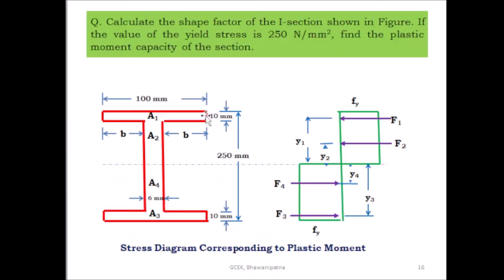So here you take this is the flange area A1, this area is A2, this area A3, and this area A4. So here you take the moment of inertia of this portion first about the elastic neutral axis. In the case of yield moment, you have to take the elastic neutral axis. So what is the moment of inertia of this rectangle about the elastic neutral axis?